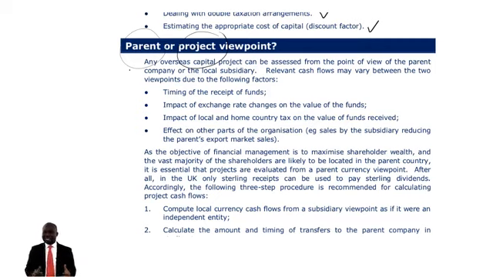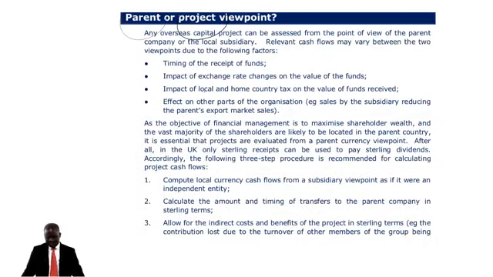So all that chapter or heading is telling you is to calculate the NPV with respect to, or appraise the project with respect to, the currency of your parent company, not the project. So don't calculate it in terms of the euro, calculate the NPV in terms of sterling, because my company is based in the UK. So have a look at that.